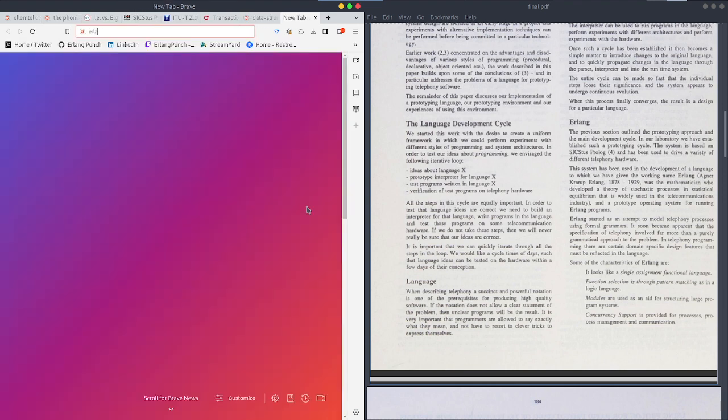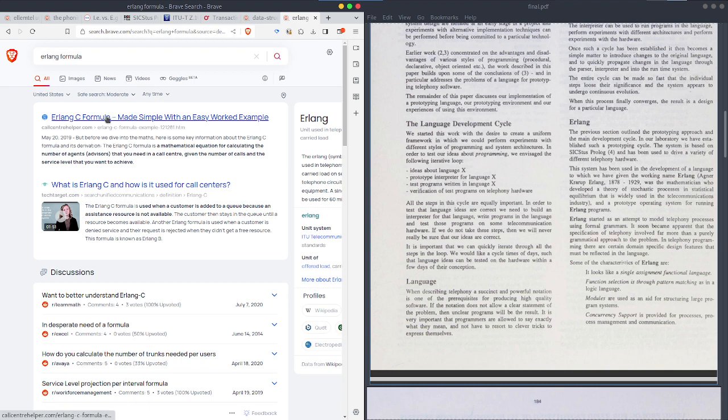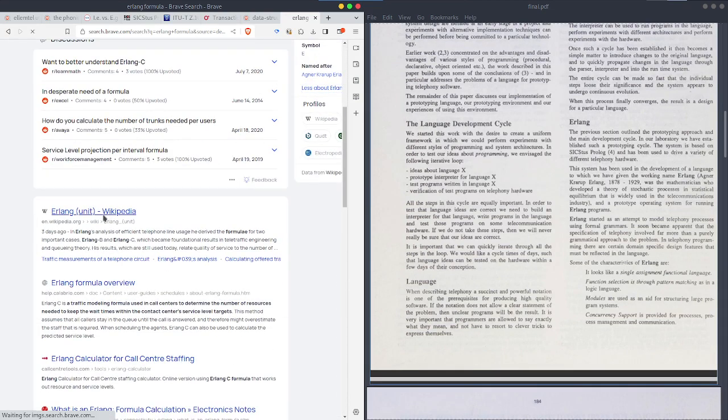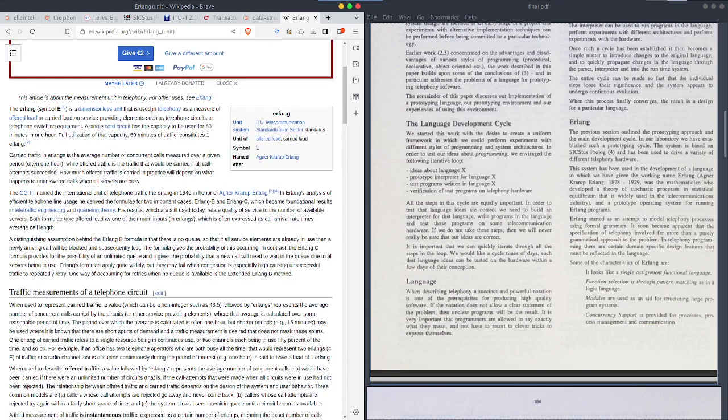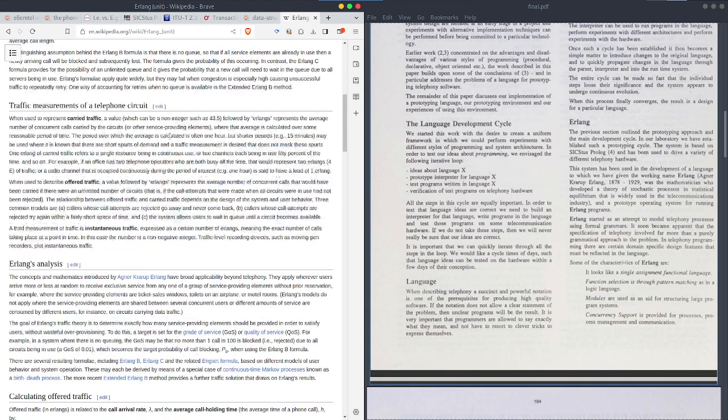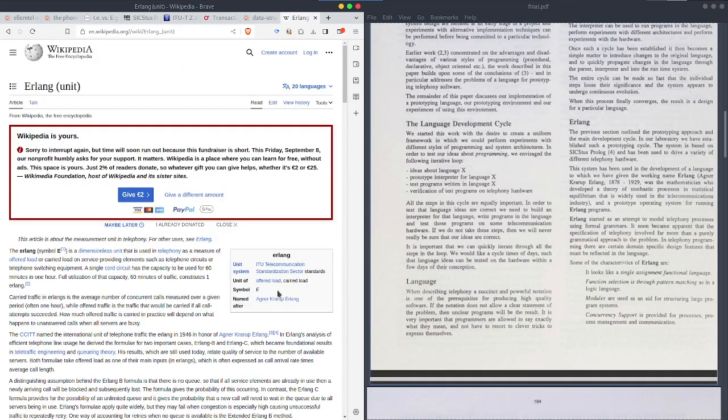So Erlang, I think it's the Erlang formula. Please, Wikipedia. That's really interesting.